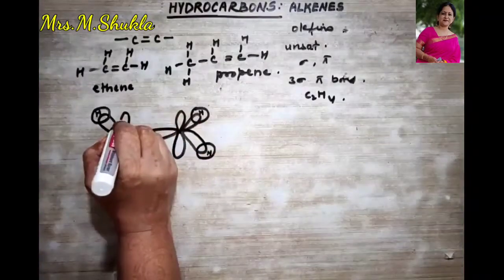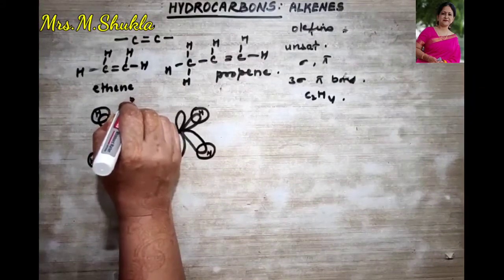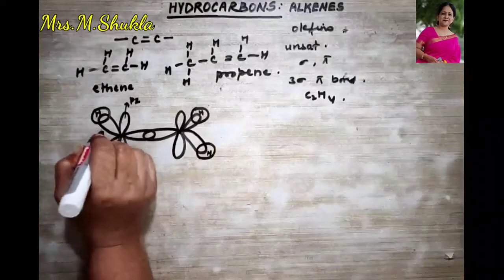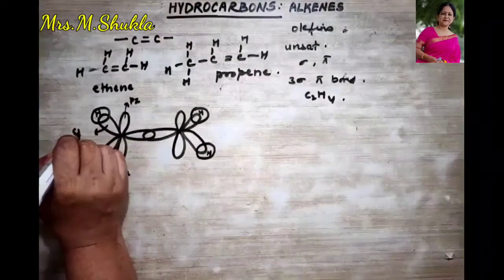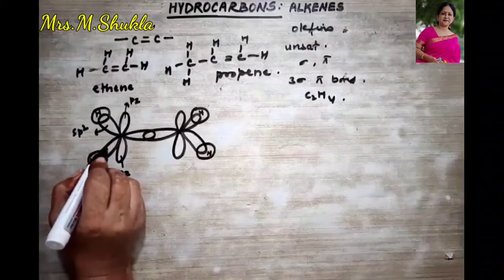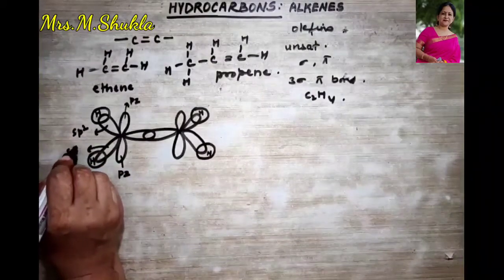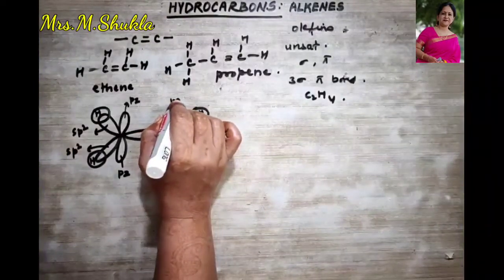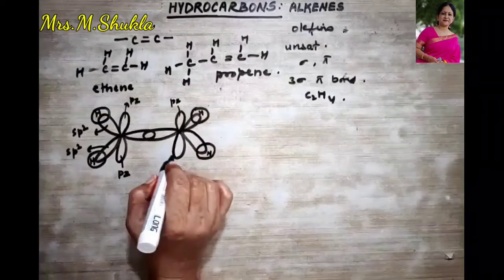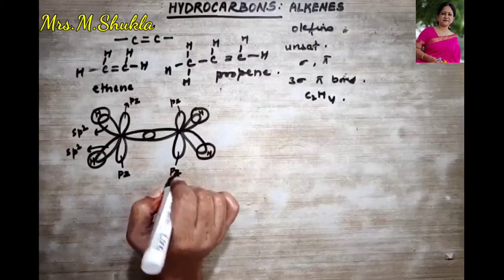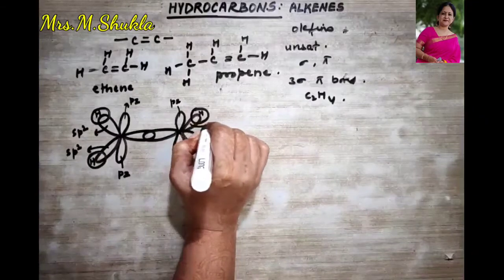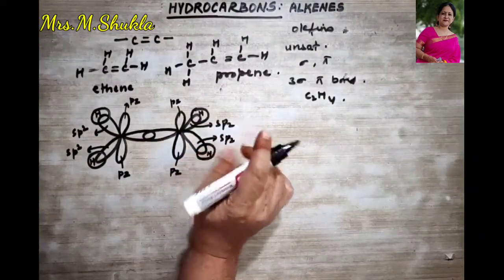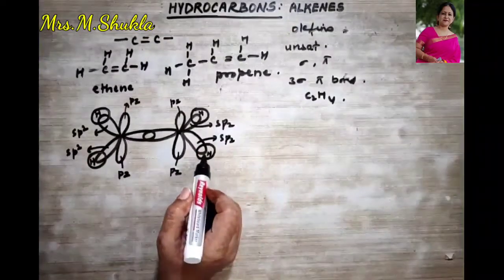Now this is the PZ orbital. This is sp2 hybridization. This also shows sp2 hybridization. This shows the PZ orbital. This is also your PZ orbital. And here this shows sp2 hybridization, right?